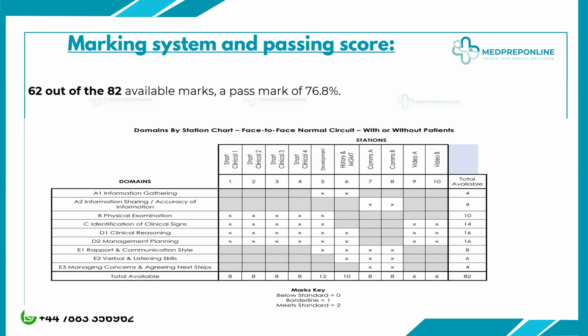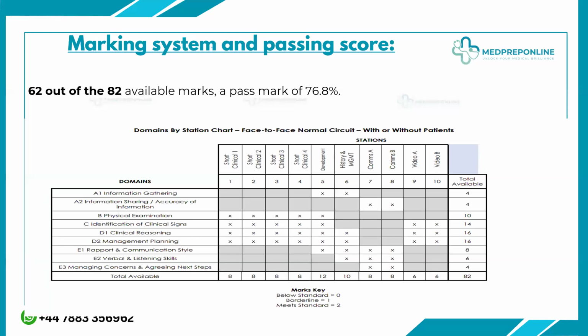But if it's not something like that, then according to this new system you are awarded for everything: the way you dress, the way you enter, the way you sit, the way you see the patient and the role player, the way you manage your interaction, the way you listen, the way you talk, the way you change your tone, everything has marks. So how can an examiner give 0 marks to someone in communication?